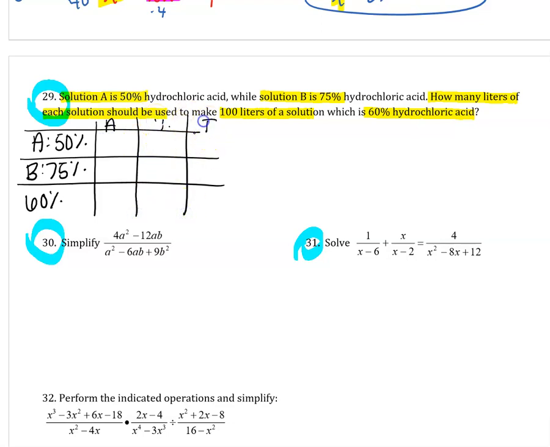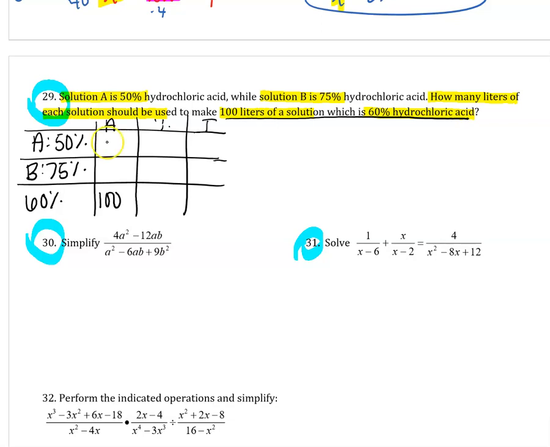Now this one's a little bit tricky because it's phrased slightly differently. The 100 liters of a solution which is 60% is actually here. So you know you want to end up with 100 liters of a solution. So we don't know how much of A or B exists.